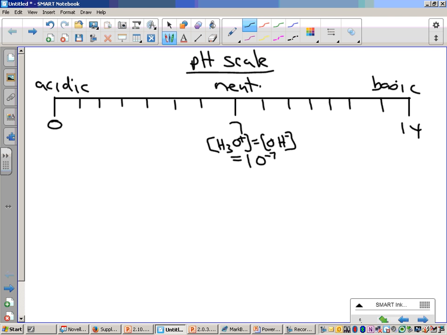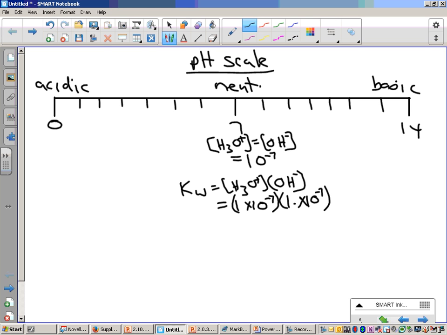Okay? Now this gives us a special little clue. It means when it's neutral, Kw equals H3O plus times OH minus, and when it's neutral, that's going to be 1 times 10 to the minus 7 times 1 times 10 to the minus 7. It's actually 1.0. We do know it to 2 significant digits.